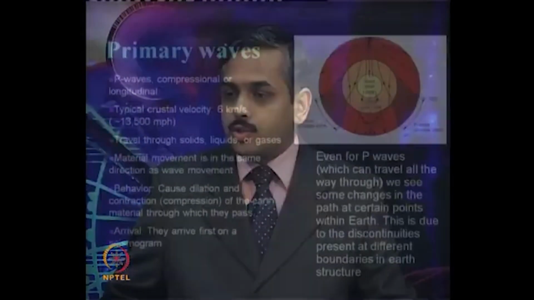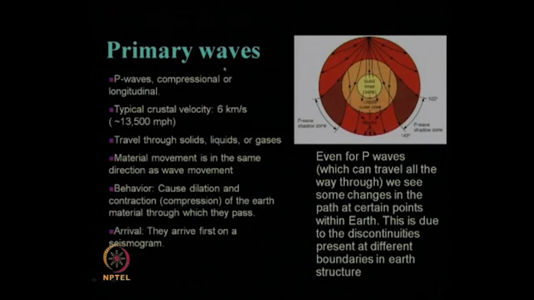Next, we have seen in the previous lecture what are the basic characteristics of the body waves, and mainly the primary wave and shear wave. So, let us look at the slide.